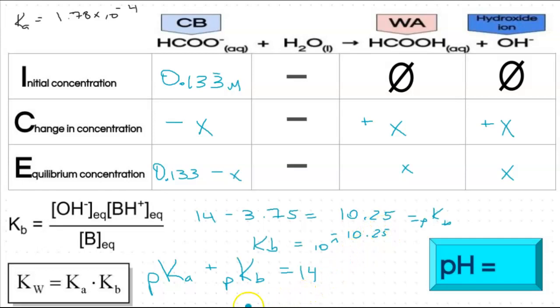So my new Kb value for this problem is going to be 5.62 times 10 to the negative 11th.